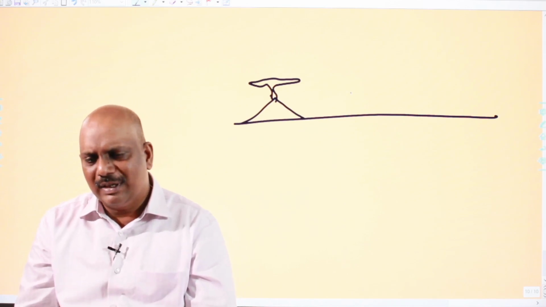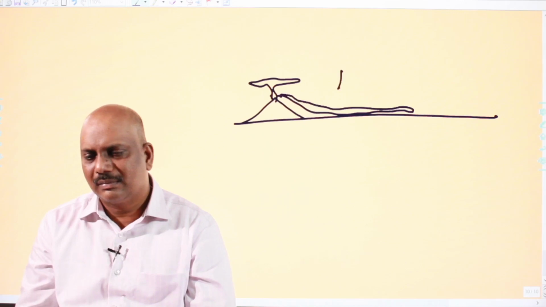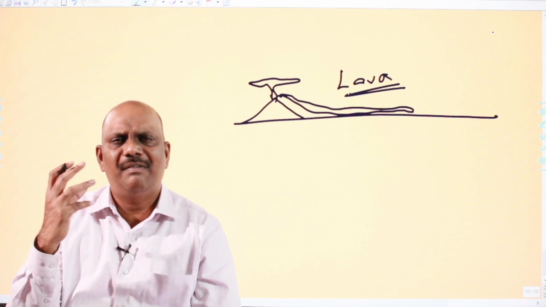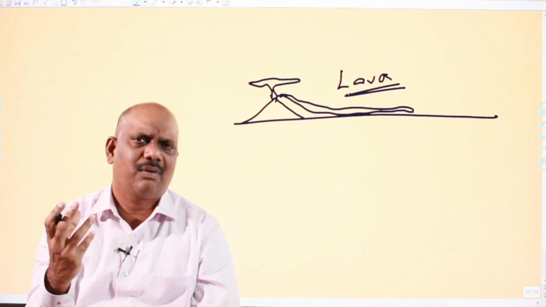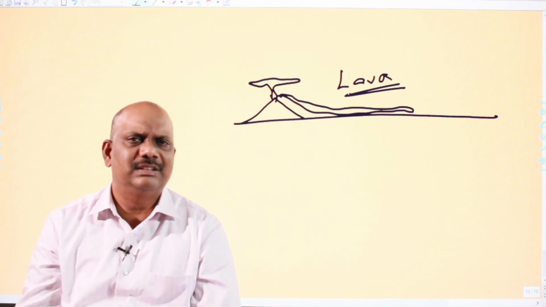So because of volcanic eruption, lava may flow. And this lava may settle down, producing an igneous rock.